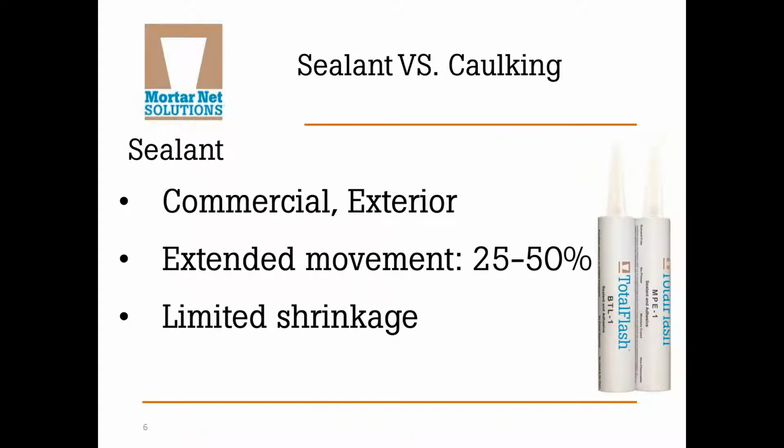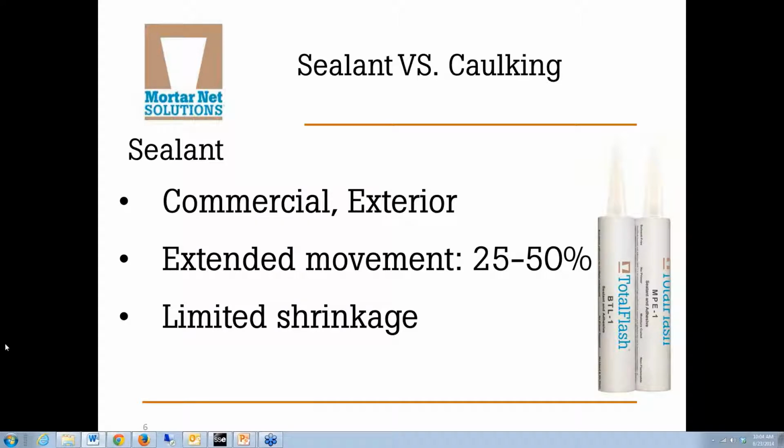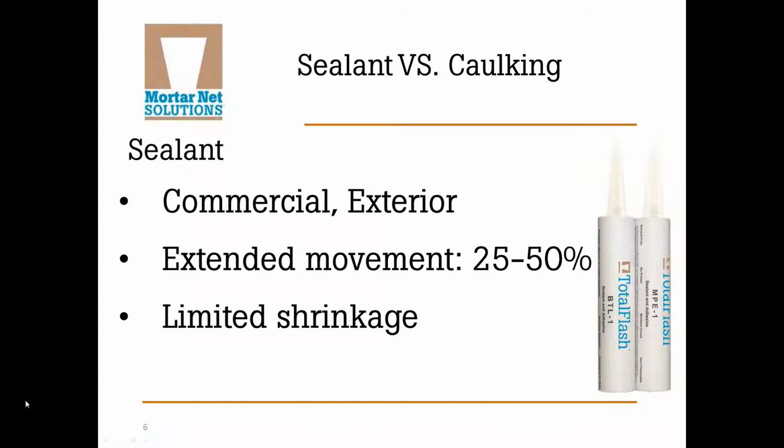Sealants, on the other hand, are a very different story. For exterior use on both residential and commercial structures, sealants are definitely the way to go. And some of their advantages over caulking include that sealants can exhibit considerable movement without losing adhesion, between 25 and 50%, and sometimes even more depending on the formulation.